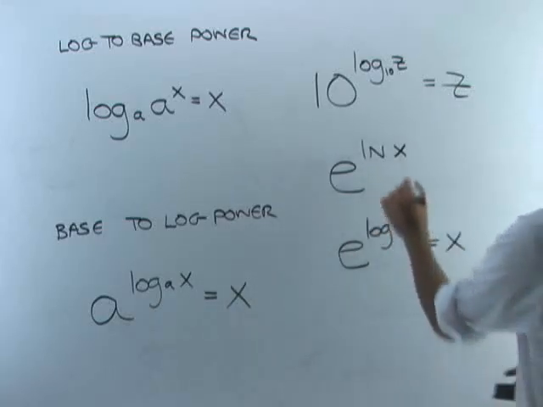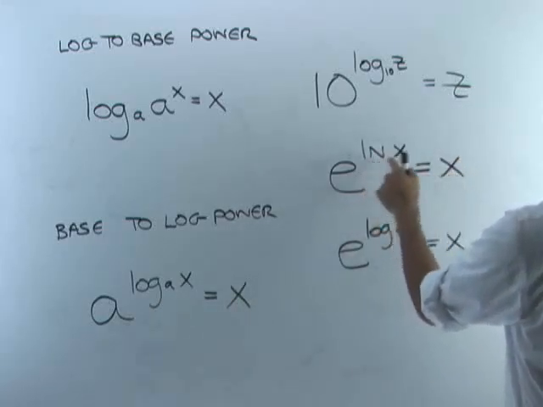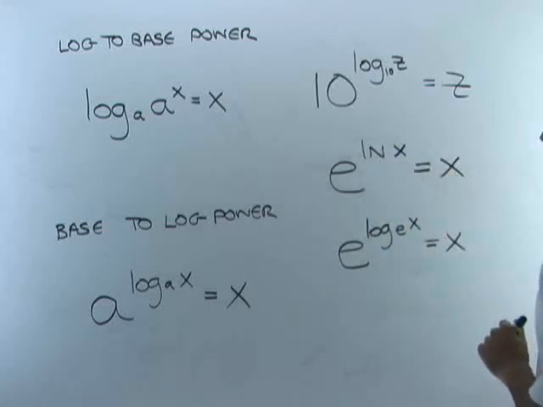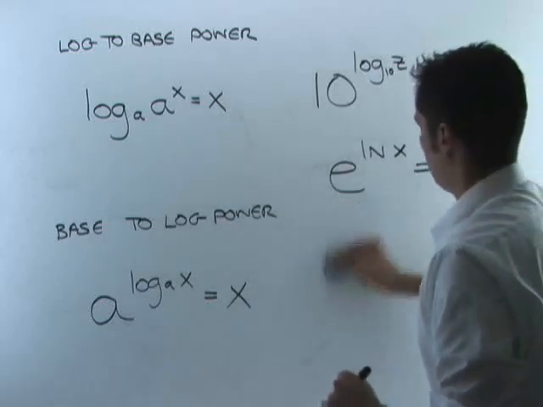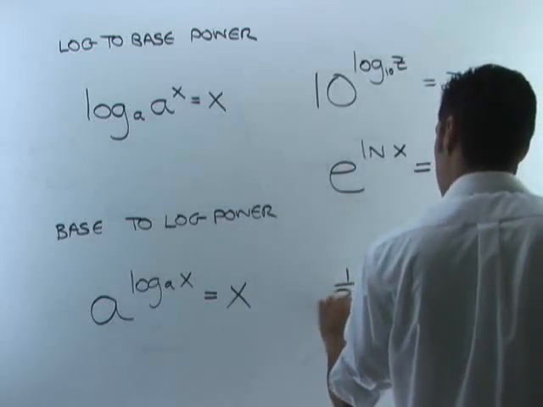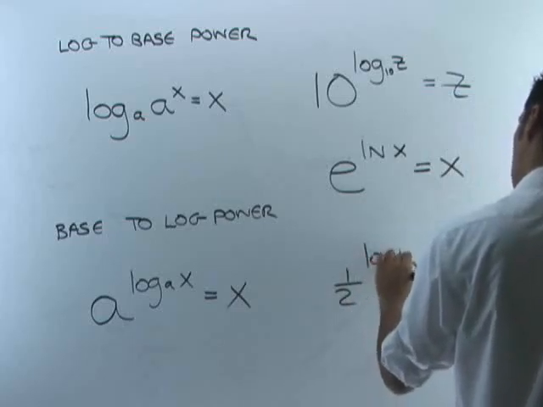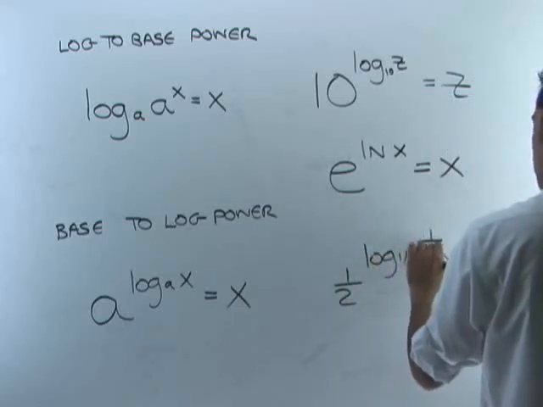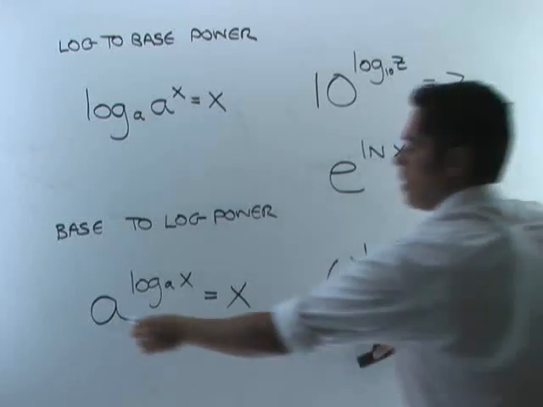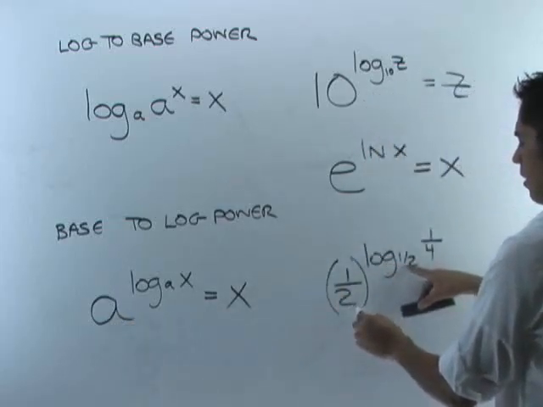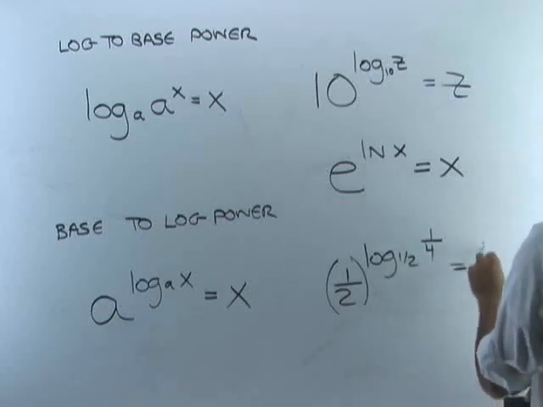And that's a real important one to know. E to the natural log of x is equal to x. Let me try one more. How about 1/2 to the log base 1/2 of 1/4? Okay, we have 1/2 here, right? That's our base. Raised to the log, same base here, 1/2. So the answer should just be 1/4.